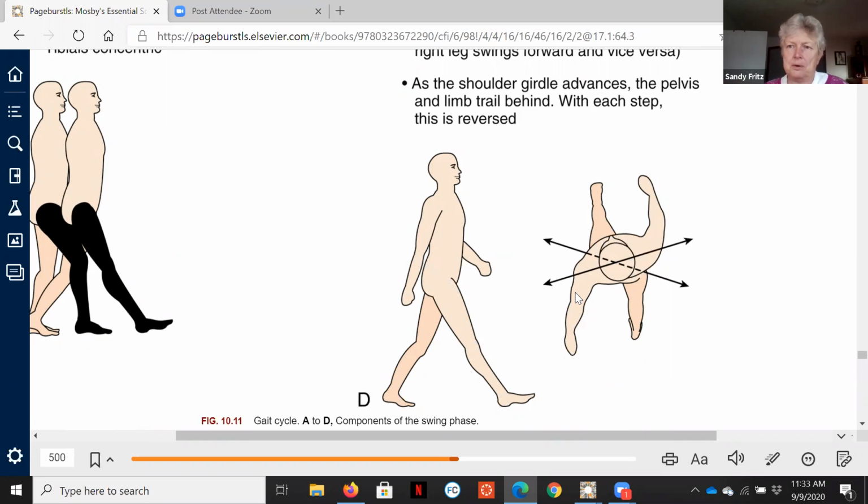If the pelvis is translating to the left, then our shoulders are translating to the right, and vice versa. This movement in the transverse plane around the axis of the spine allows us to transfer this weight back and forth while keeping our head forward.